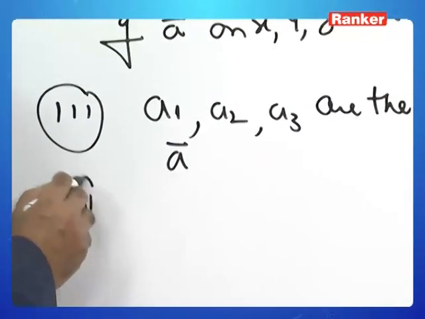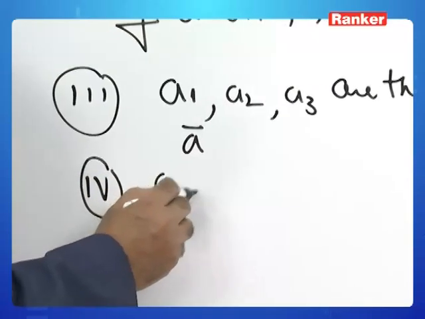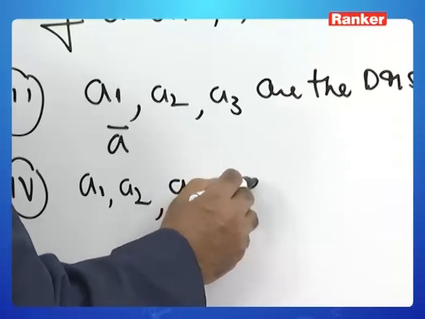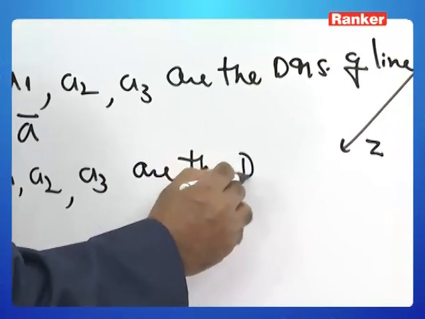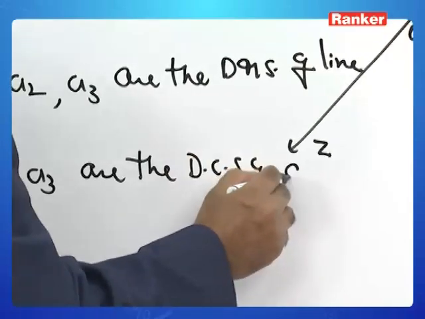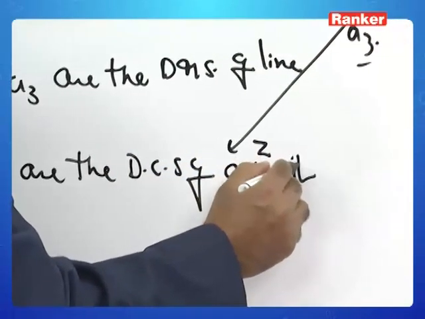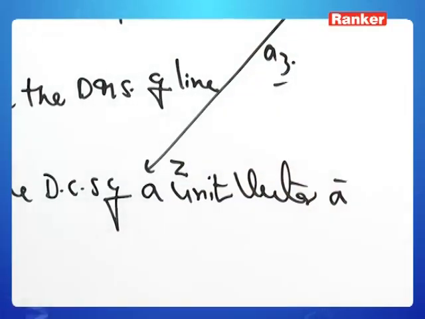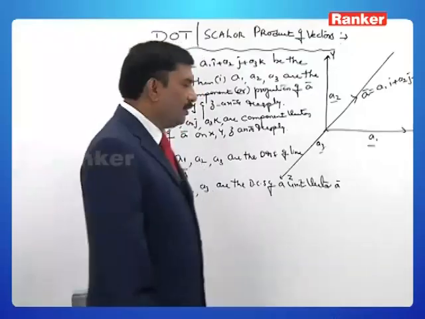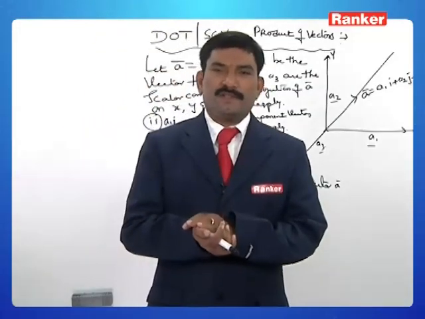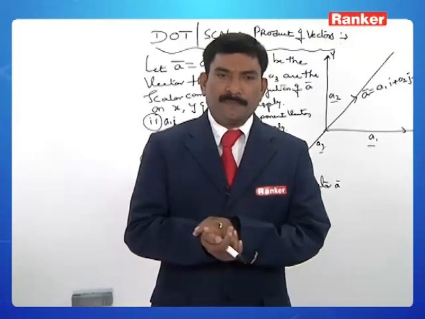The fourth one is A1, A2, A3 are the DCs of a vector A bar. Try to understand. This part is very important. You will get a very logical question in the examination.